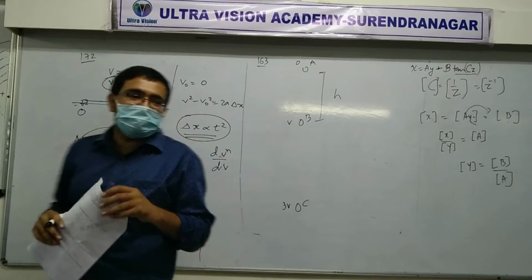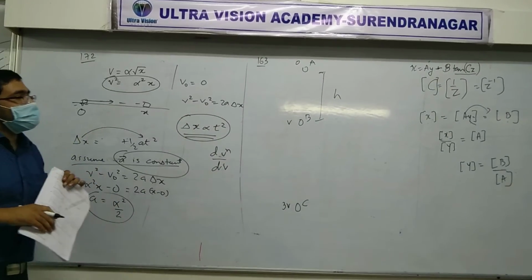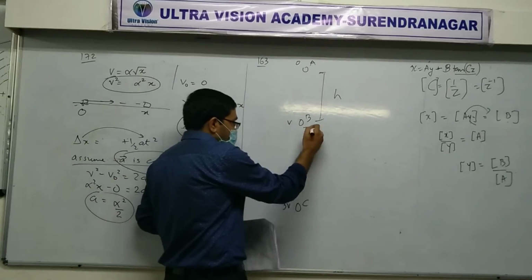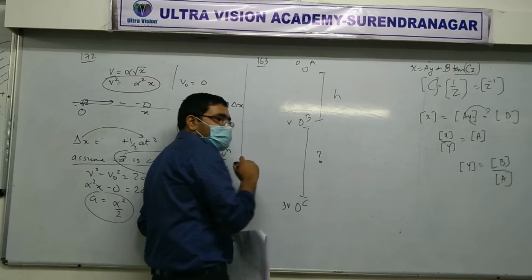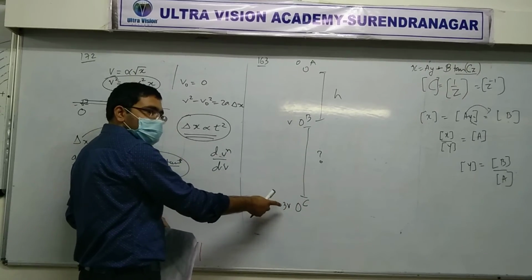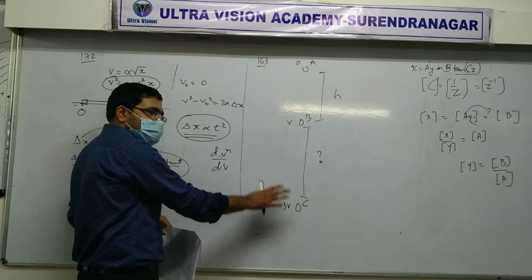Question and the diagram is clear. How much further does it have to fall down for velocity to become triple? Triple, that is what it is. Question clear.